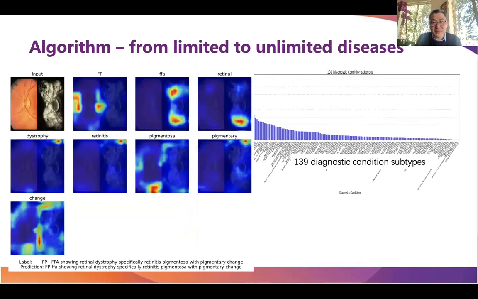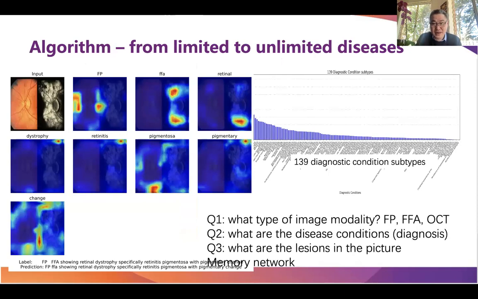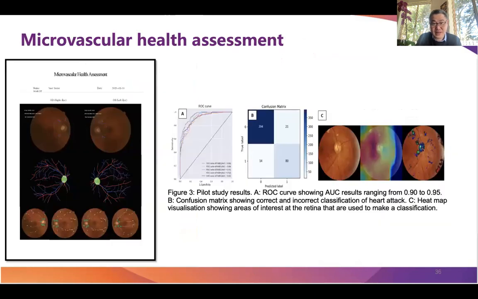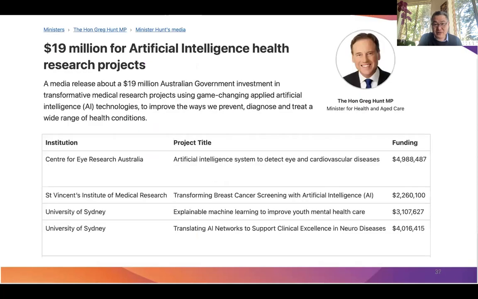We also developed a new algorithm that, before, could only detect 3 to 4 eye diseases, but now can do 139, and that covers almost all eye diseases in the textbook. And microvascular health, as I mentioned before, is very useful. Using the eye as a window to your body, we can assess how healthy your microvascular system is.